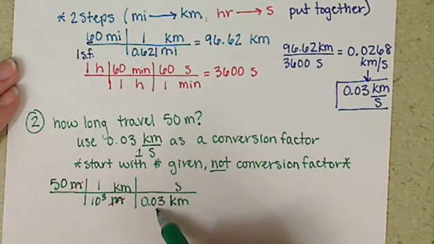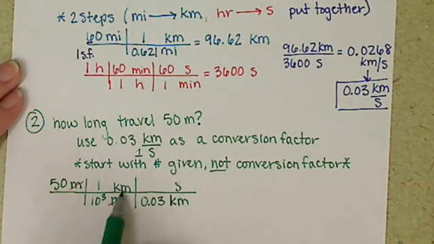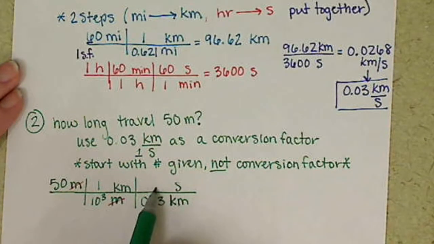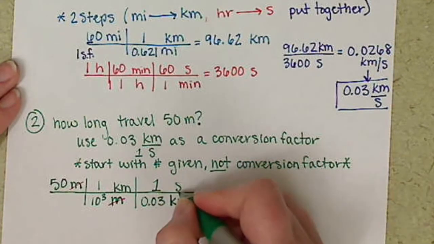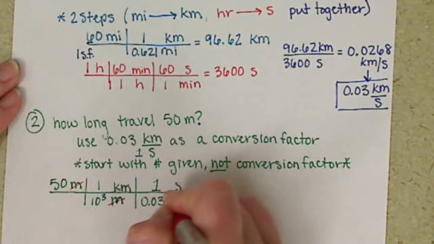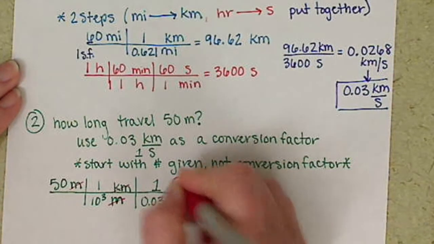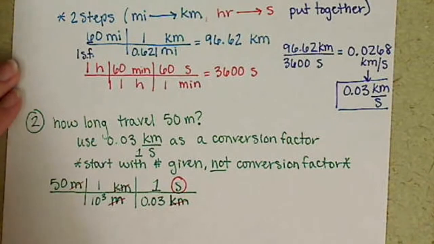In this case, we're putting that number down in the denominator, because we want to cancel out our kilometers. Then up top, we have our 1 to go with our seconds. So our kilometers cancel, and the units that we're left with are seconds, and they're in the numerator. That's what we're after.